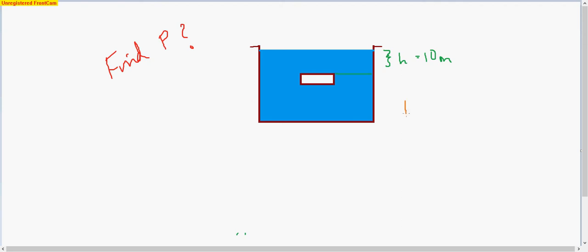Now the pressure P, from the last equation we derived, we know that P is equal to H rho g. Now what is H? It is 10. What is rho? I had told you that this is water, H2O. Now what is the density of H2O? That is something you need to know. Write it down.